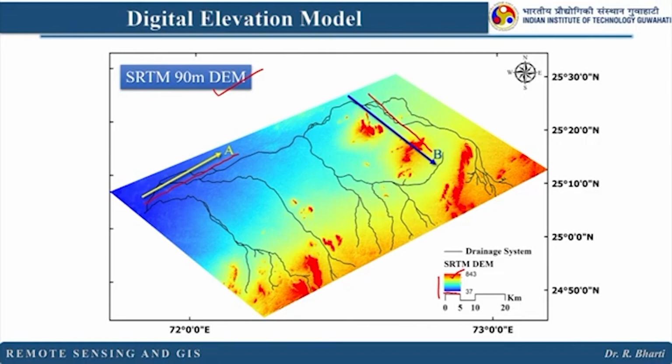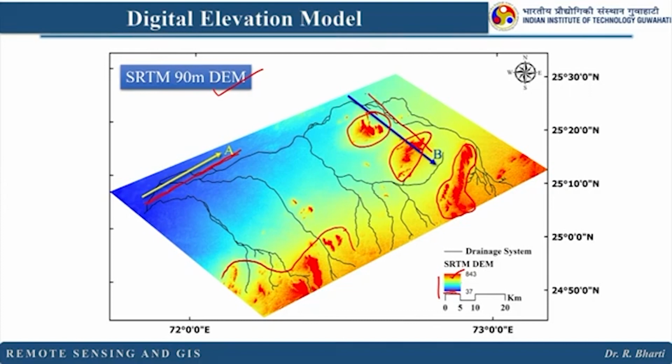So all these red colors represent high altitude locations, right? So this must be some hill, or this must be some hill. If you draw a section in the blue color, that means it is almost flat. It may vary but very slowly. The slope will be very less.